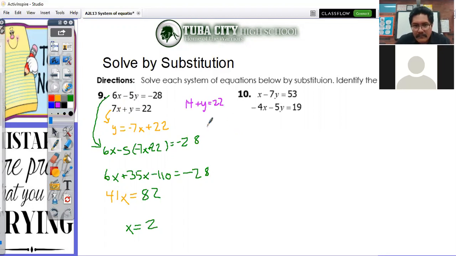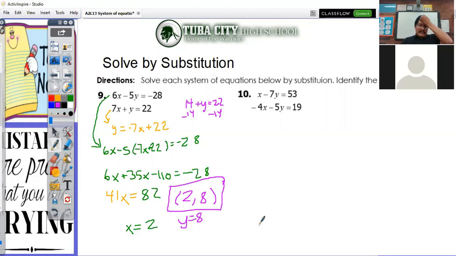So what number can I add to 14 to get 22? In this case, I would get 8. Just minus 14 on both sides. And that would be 8. But now I have both things of my solution. I have both points, the x and the y coordinate for this one point. So over 2 up 8.